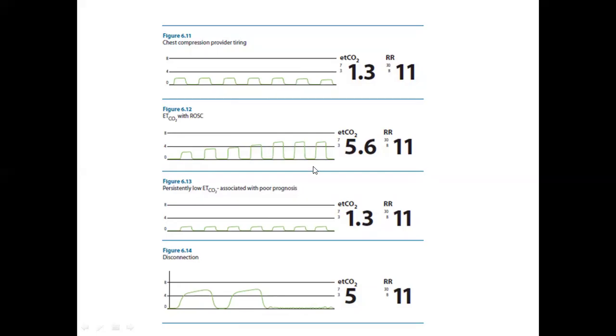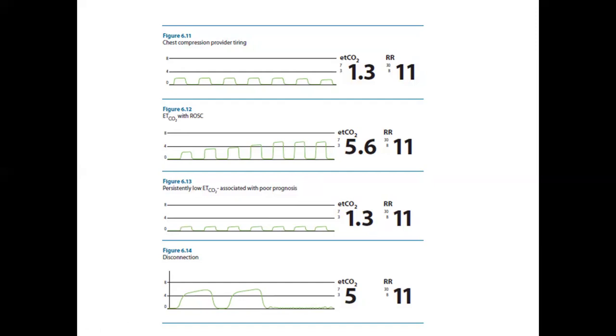That means maybe the patient might be getting ROSC, return of spontaneous circulation. So that is a good thing. Here, persistent low capnography is a bad prognostic sign of cardiac arrest.